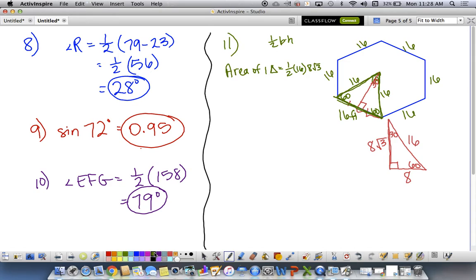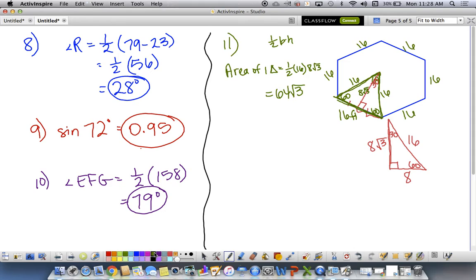That's my height. This is 8 root 3, which is right here. Okay, so I'm going to go ahead and take half of 16, which I know is 8. So one triangle is 64 root 3. That's one green triangle. I know there's another formula, but I always forget it. This is what I know I can do.